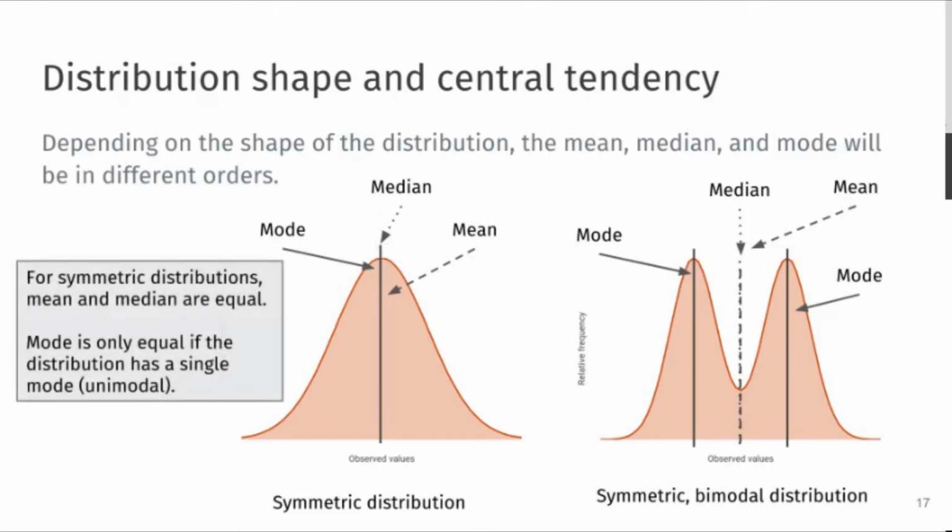So, to summarize, for symmetric distributions, the mean and median will always be equal, but the mode is only going to be equal to the median and the mean if the distribution has a single mode. If it doesn't, then you've got a little bit more work cut out for you.